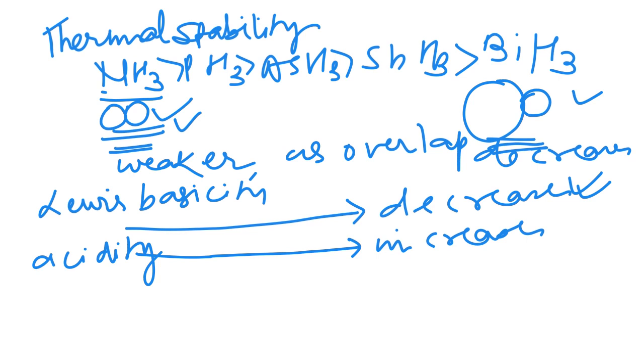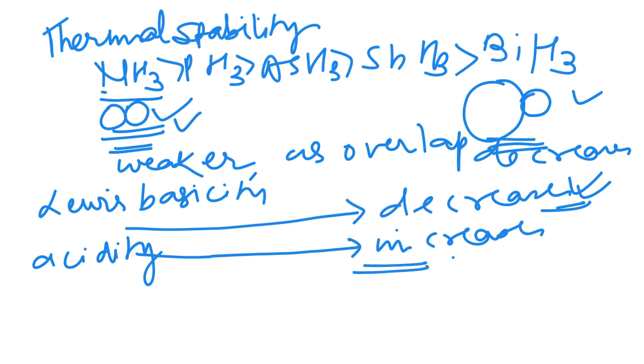the molecular size of these molecules is increasing. But if it wants to donate the electron, it will be difficult as we move from nitrogen to bismuth. But the bond between the element and the hydrogen atom easily breaks, and therefore the acidity increases.